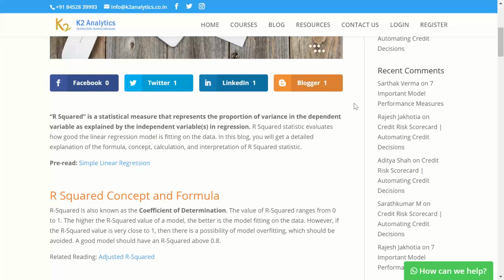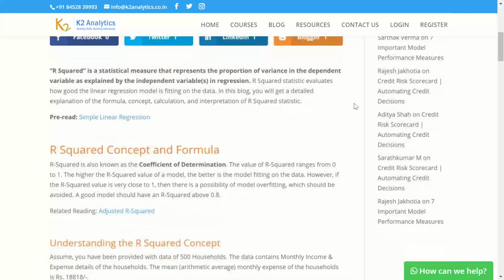And the linear regression model, which makes use of the ordinary least squares technique, tries to minimize the sum of squared error. Remember, once again, it tries to minimize the sum of squared error. It does not try to minimize the sum of error, because error can have positive and negative values. So you take a square term and you try to minimize the sum of the squared term.